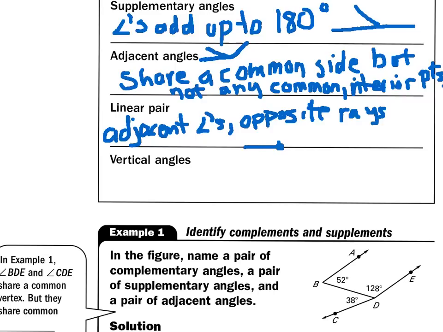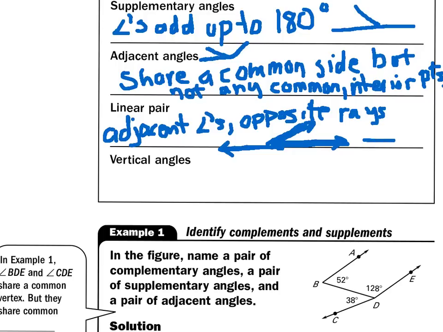So if we think about it like this, and then some sort of angle off of it, these are a linear pair because they're adjacent, they're next to each other, and they share this side. And then they also are formed by two opposite rays.